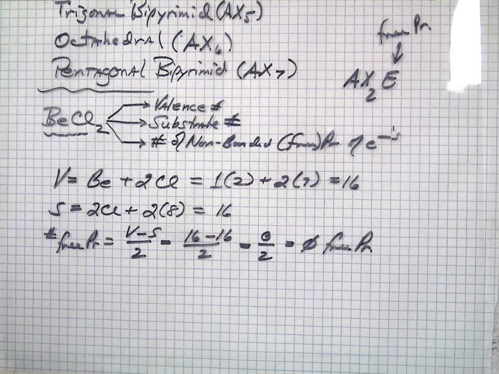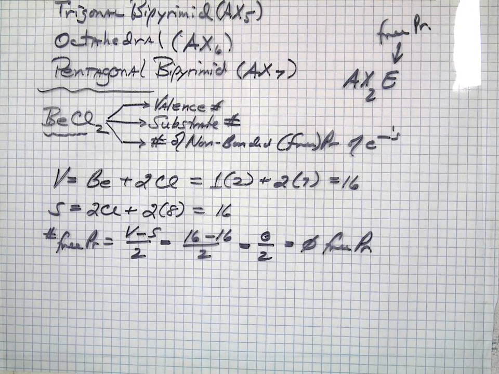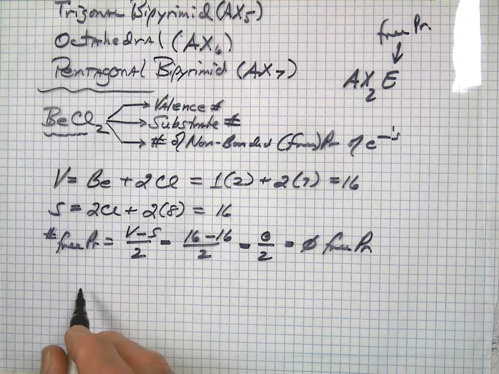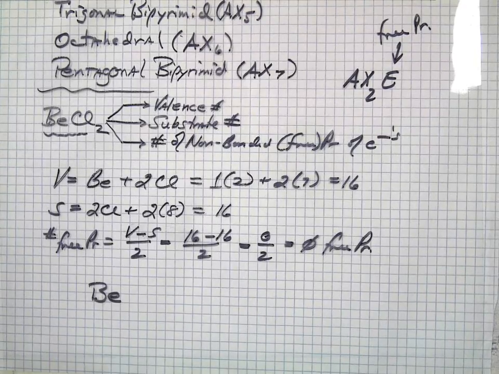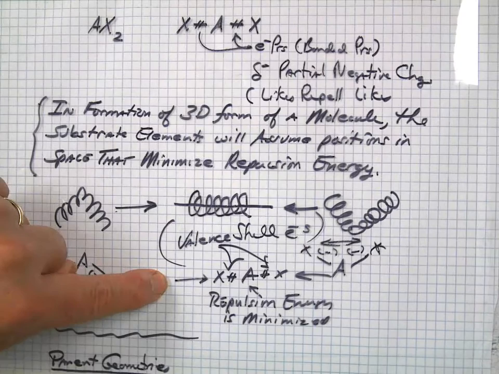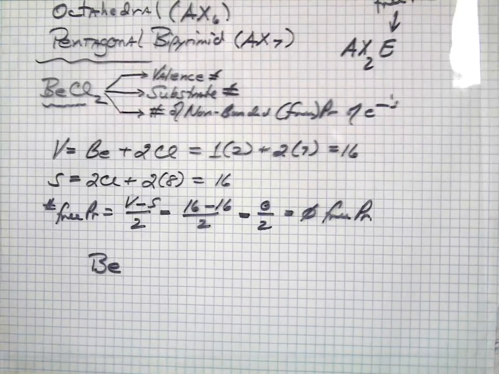We'll get to that in a minute. But this has no free pair, which means that you have a central element, beryllium, and just 2 chlorines. When you have 2 chlorines, it follows the format or designation we talked about up here. It arranges itself in a linear fashion.